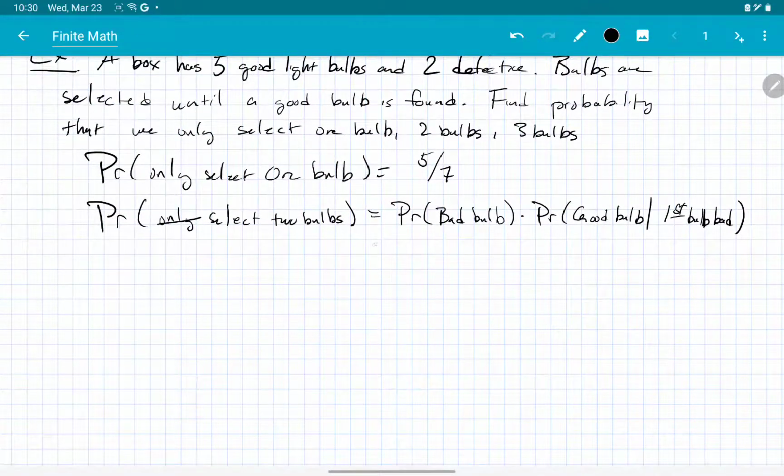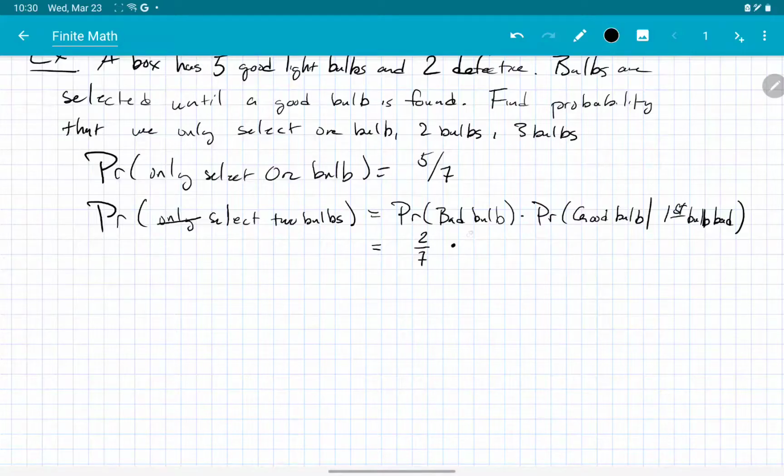Okay, so the probability that we select a bad bulb is 2 out of 7, right? Because there's 2 bad bulbs and 7 total bulbs. Now, what is the probability that we select a good bulb given that the first bulb that we selected was bad? How many good bulbs are in the box still? You can even show me with your fingers. You don't even have to speak out loud.